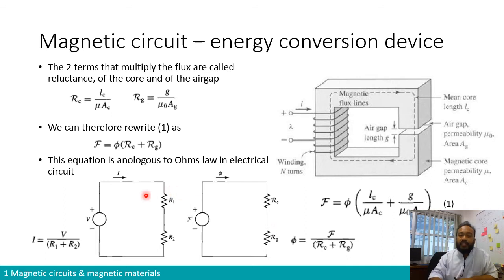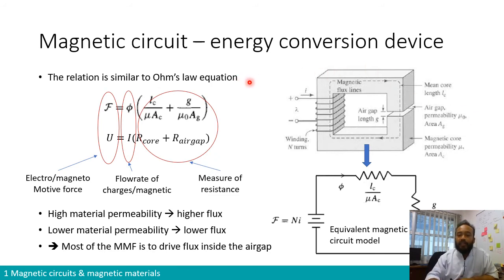So if you want to find the flux, it is just the MMF divided by the sum of reluctance. Just like in electrical, if you want to find the current, it is the potential difference, the EMF or voltage, divided by the sum of resistance.